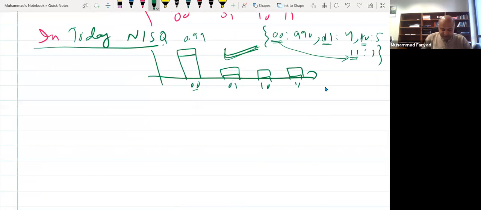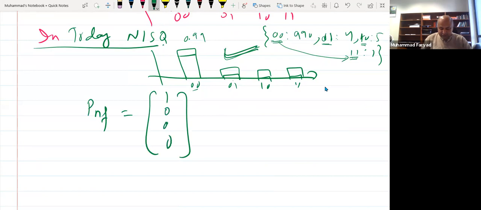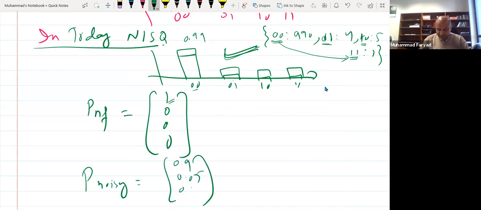My ideal, or noise-free, probabilities should have been like this, with the 0,0 state coming with probability 1, but what I actually get is this: noisy probabilities, or noisy measurement, gives me 0.9 and perhaps 0.05, 0.04, 0.01, something like this.